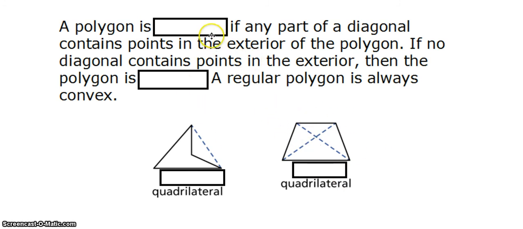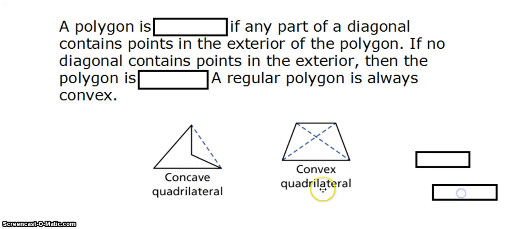If a polygon is considered concave or convex. So convex is our most familiar type of polygon, right? Concave, do you see this kind of caving in here? Concave quadrilaterals. When we draw a diagonal from these two non-consecutive vertices, this diagonal contains points outside of this quadrilateral, right?